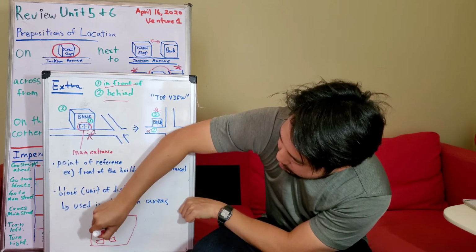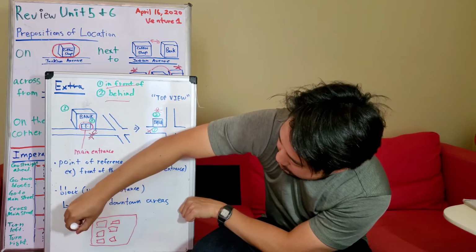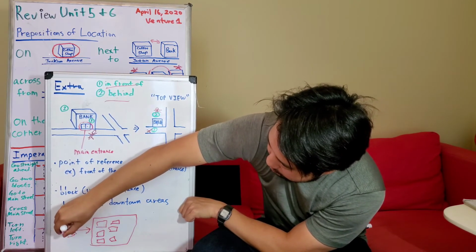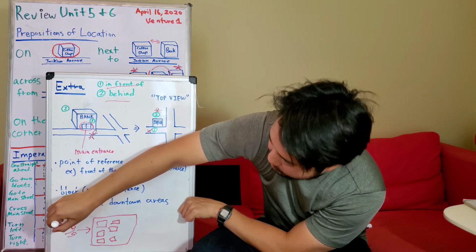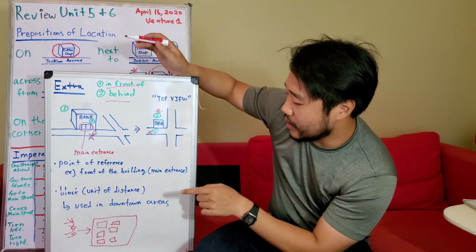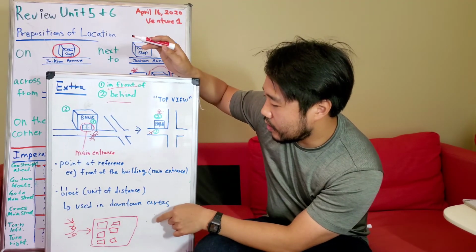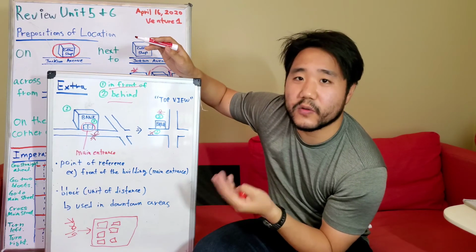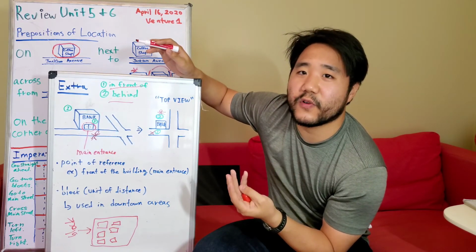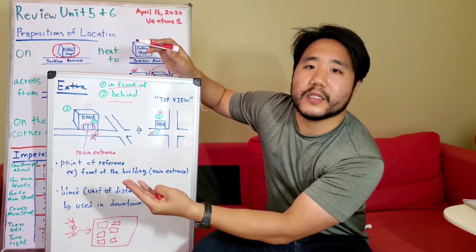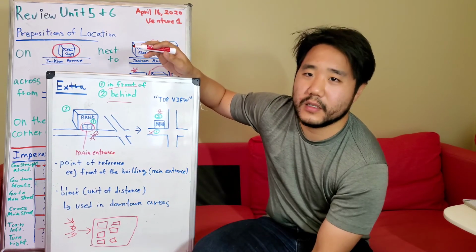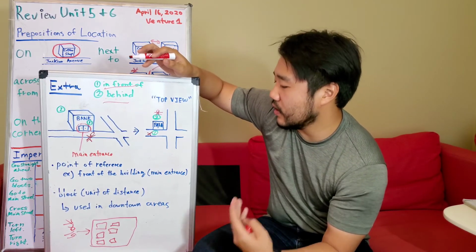Buildings are made within a block. So this is called a block. Oh, yeah. Sorry about that terrible handwriting. So we say in downtown or city areas, it's easier for us to say go down 2 blocks or go down 3 blocks, and that's a way of giving directions.